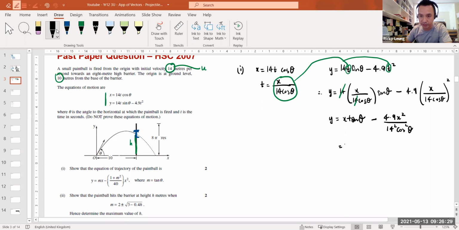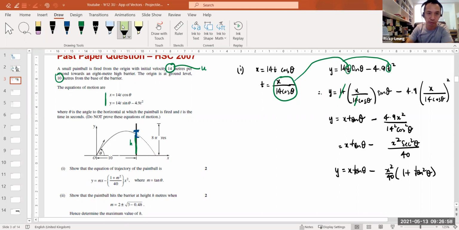So I know this part is going to be x squared on 40, and then I'll turn it into x squared on 40 times 1 plus tan squared theta. So generally speaking, that's my Cartesian equation, but in this case they replaced tan theta with m.